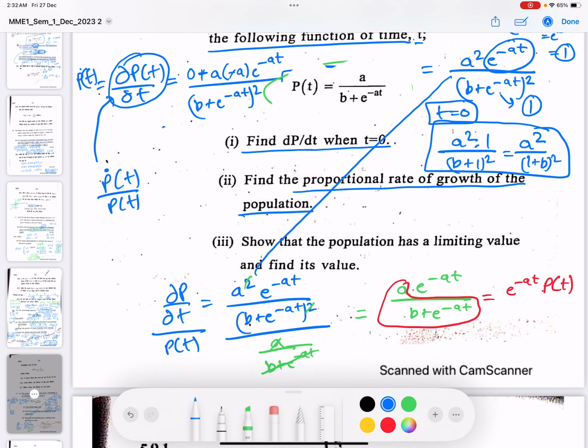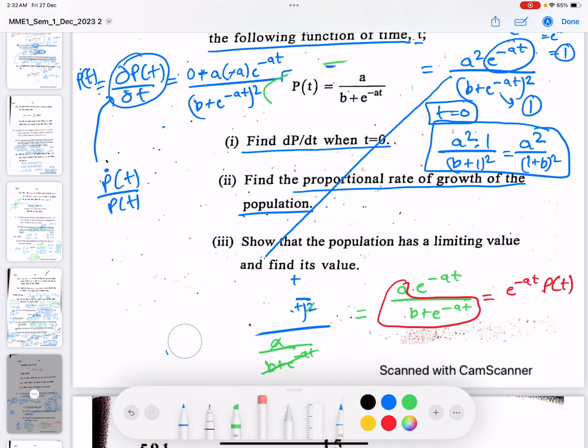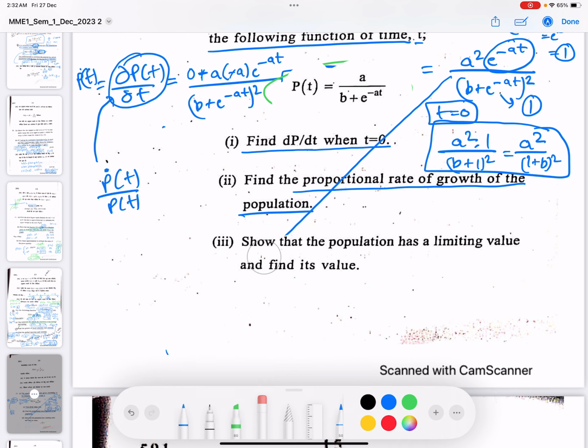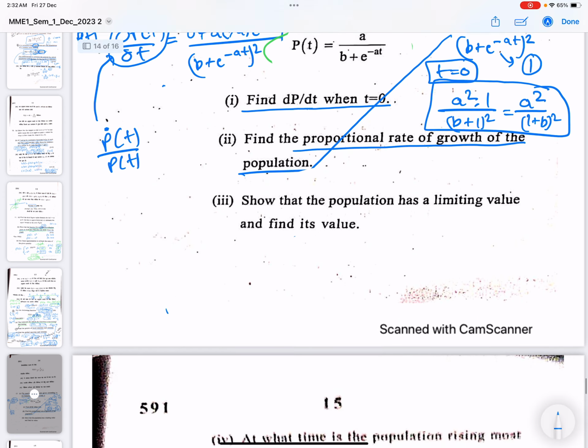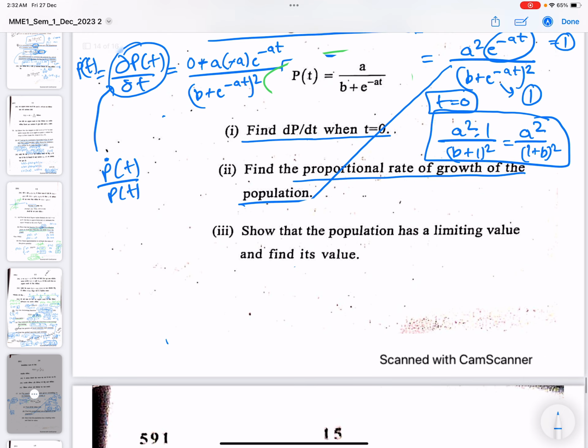I'll just erase these things. Okay, now moving to the third part. The population has a limiting value. Now we need to find limit P(t) as t approaches infinity. So this is limit as t approaches infinity of a by b plus e to the power minus at.